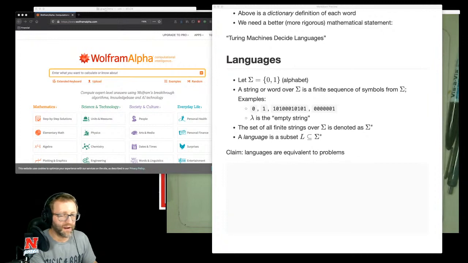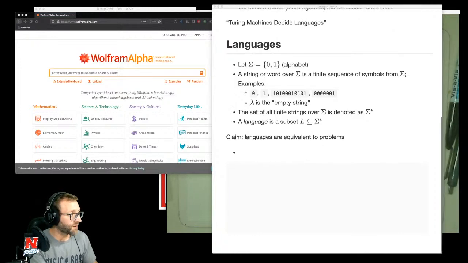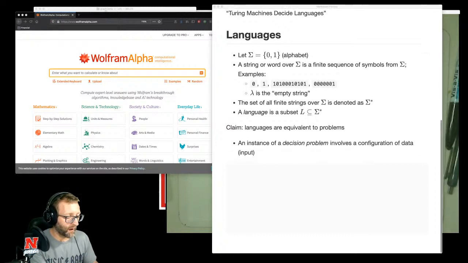So my claim here is, again, that languages are equivalent to problems. How does that work as far as computer problems go? So recall that an instance of a decision problem involves a configuration of data, the input, as well as a question, a yes or no question.